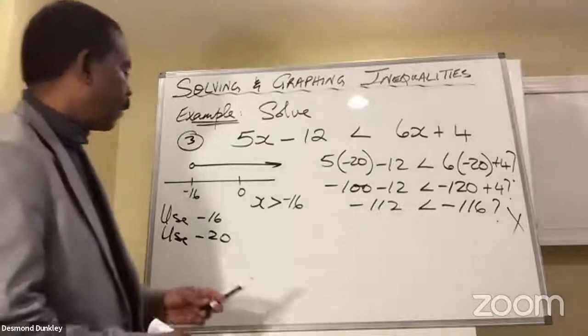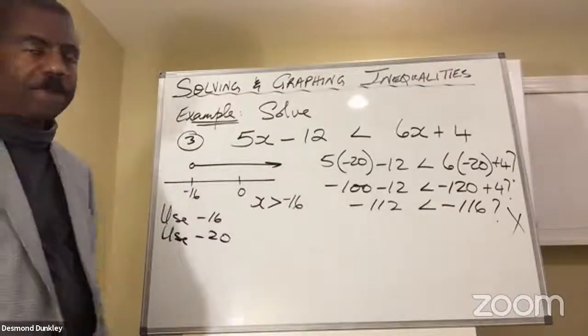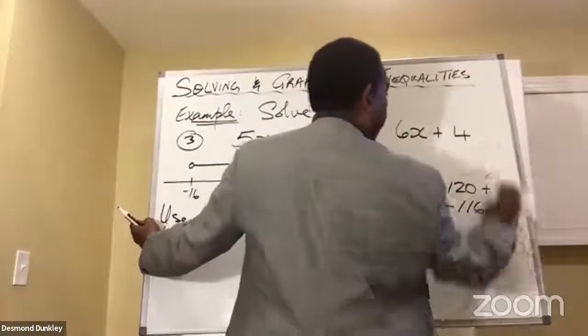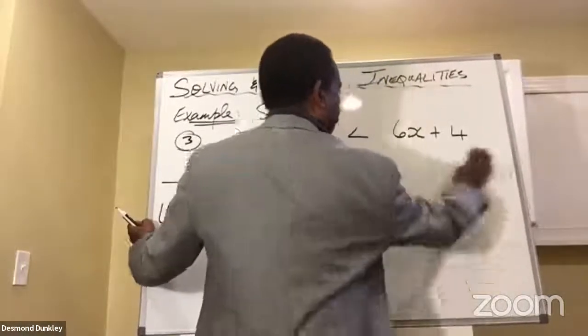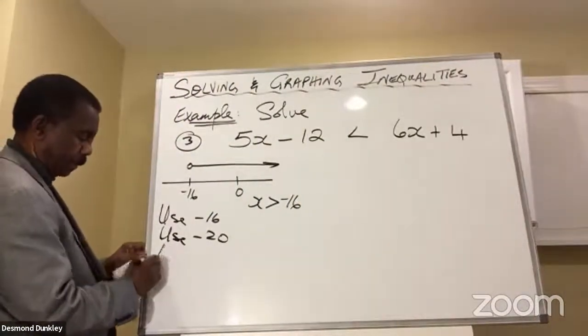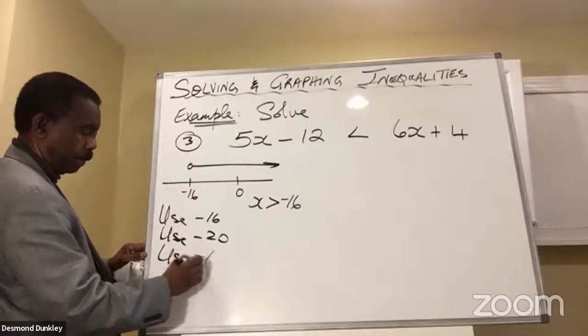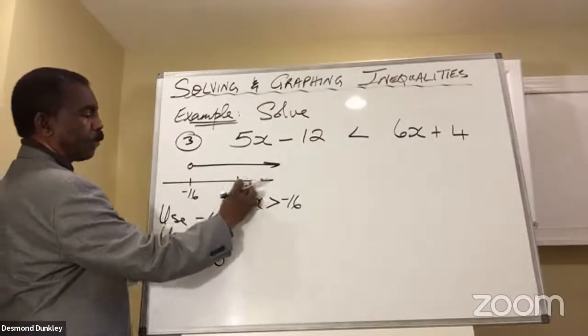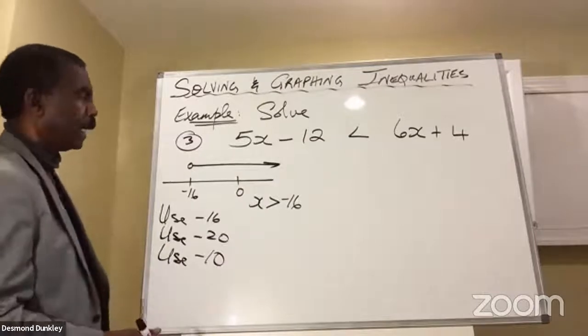Okay? Let's try a number that is above negative 16. So let's try negative 10. So we're going to try something that is here and something that is over here. So negative 10.